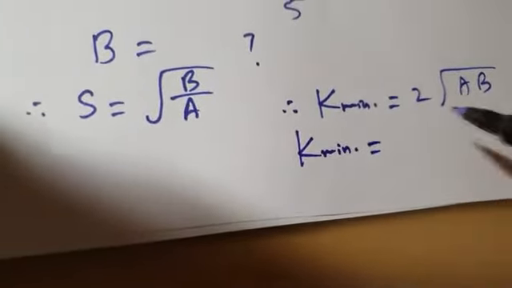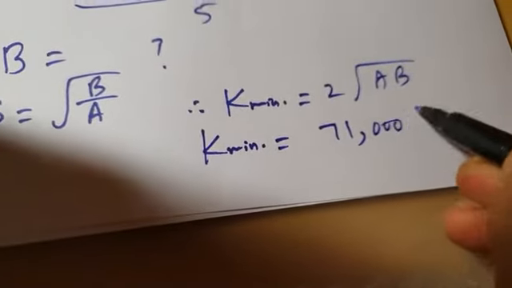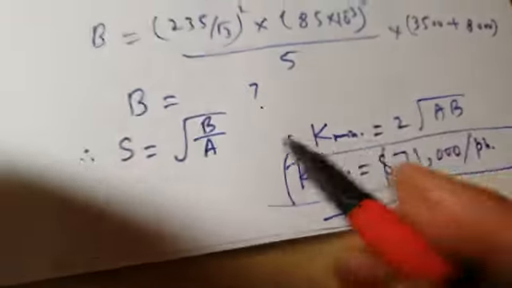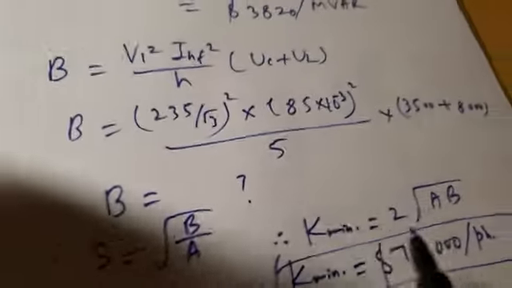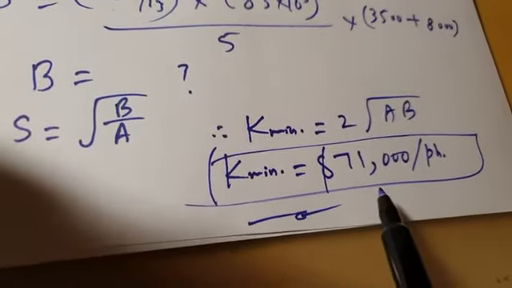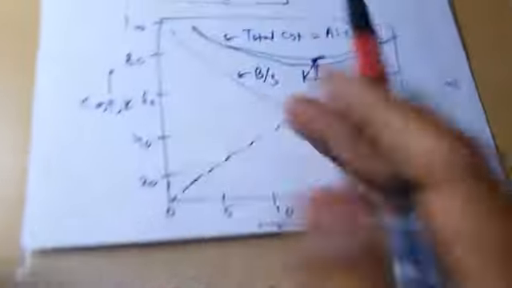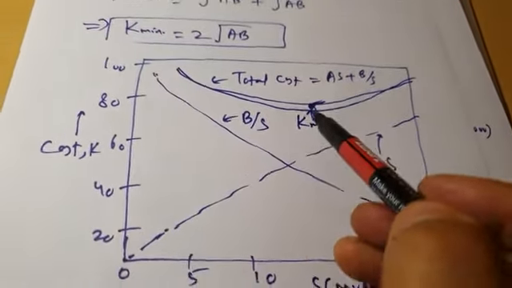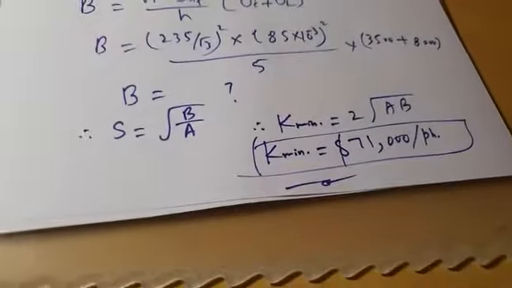The total minimum cost of filter will be $71,000 per phase. The minimum cost will be somewhere here, so your filter will be operating here. This much reactive power compensation it will be doing, and its cost will be the minimum cost. This is how we find the minimum cost of filter.